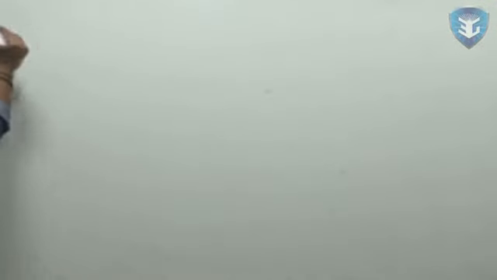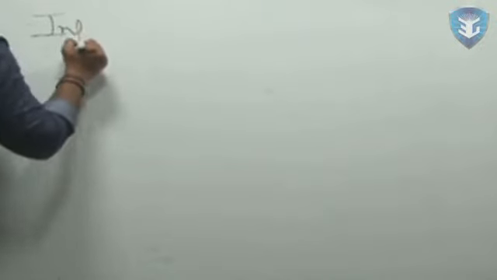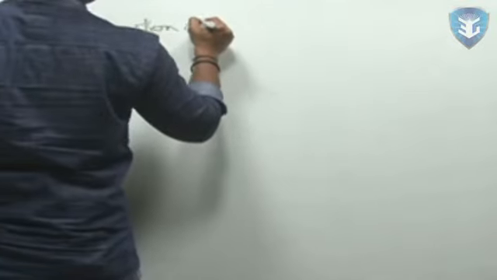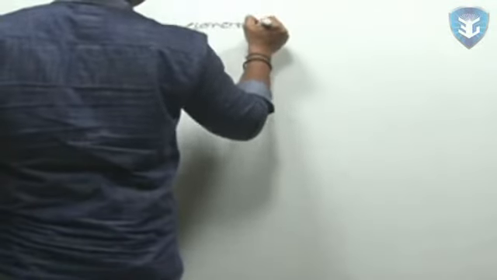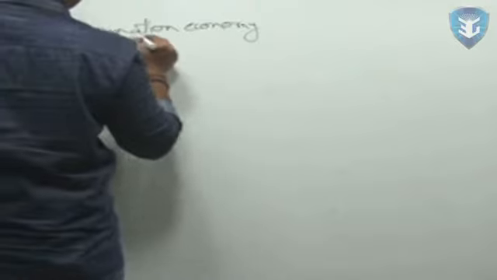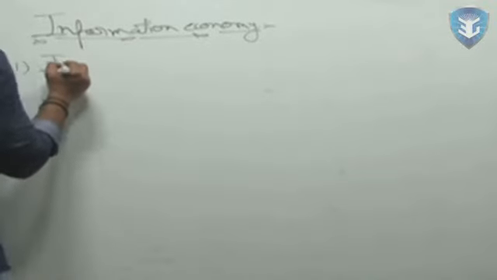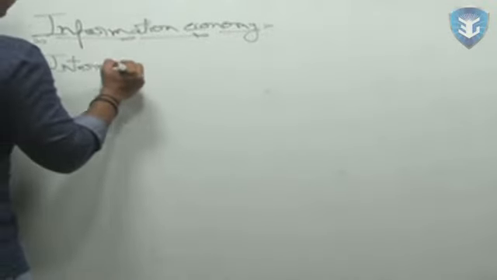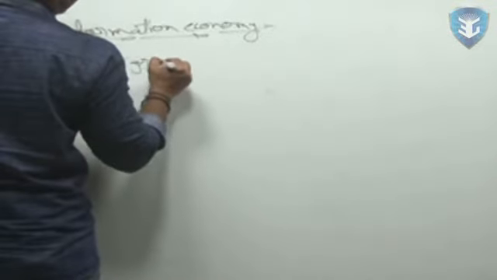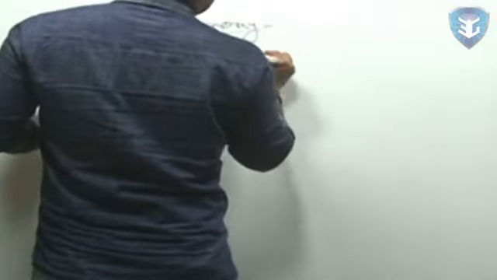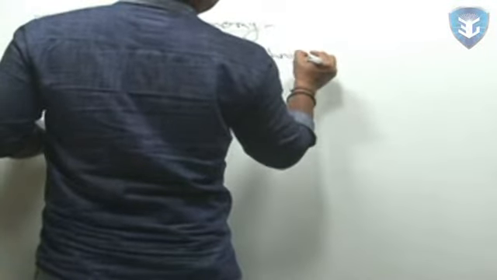Now, what are the aspects of an information economy? The first is internet growth and technical governance.